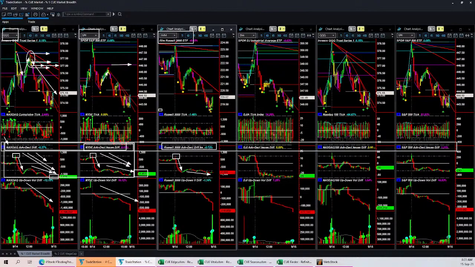Now, if you look at the fine-tuned chart here also, we didn't have an easy shorting opportunity on a bounce to the pivot line because it never hit the early range low. It stopped short of that. So if you shorted right at the breakout point of early range low, that would be fine.